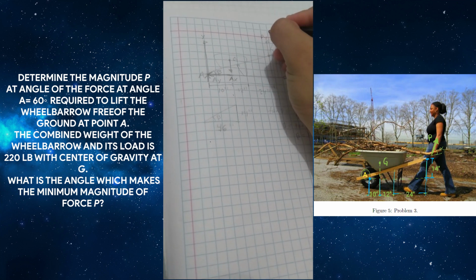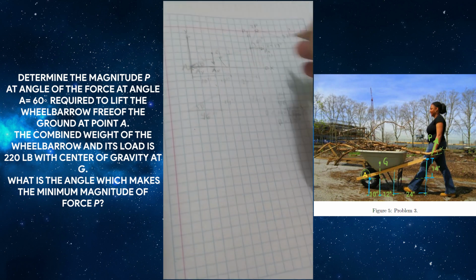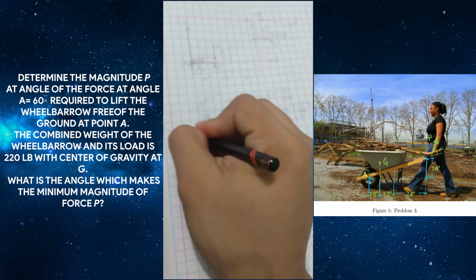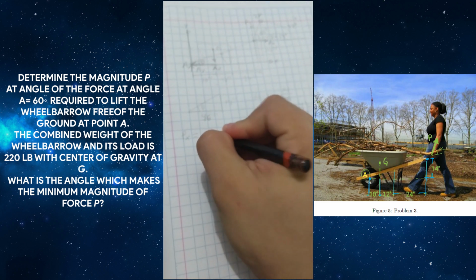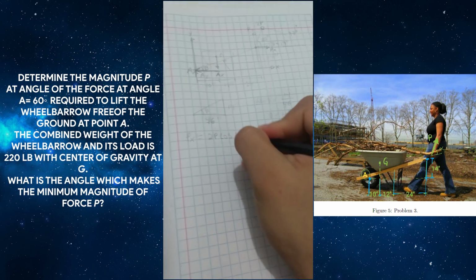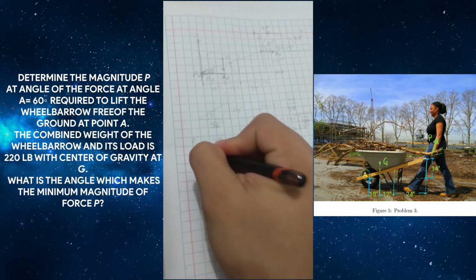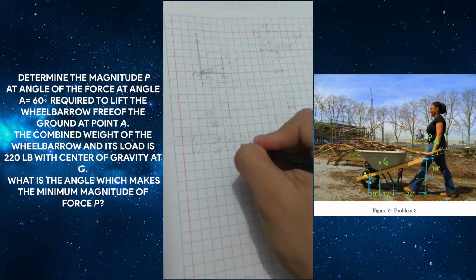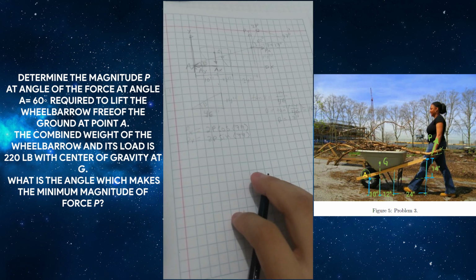So here we have 2P. So in this case, Px is going to be 2P cosine of 77, and Py is equal to 2P sine of 77.